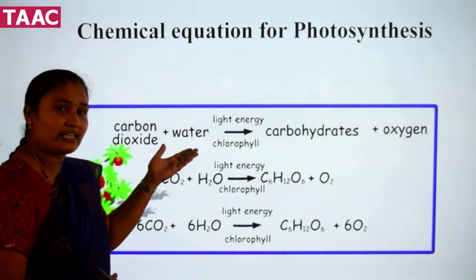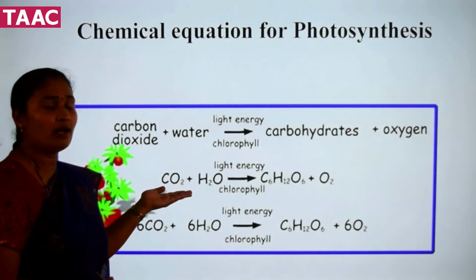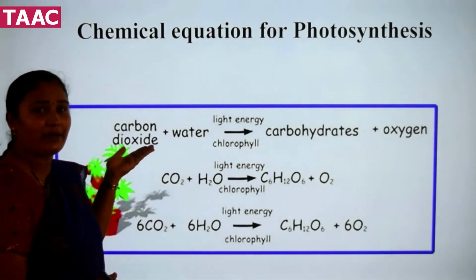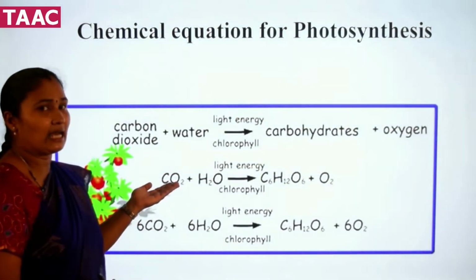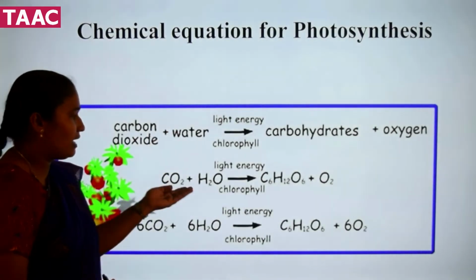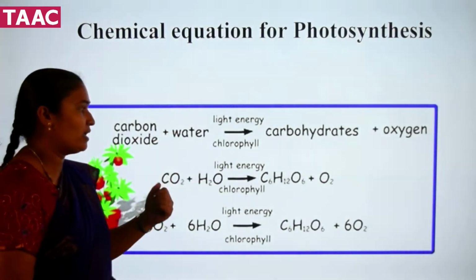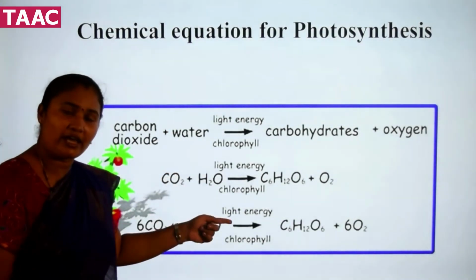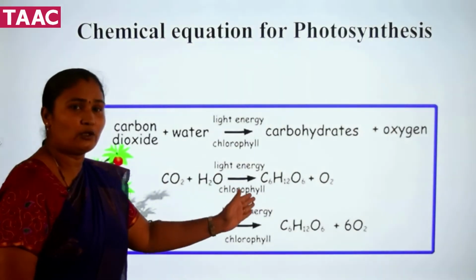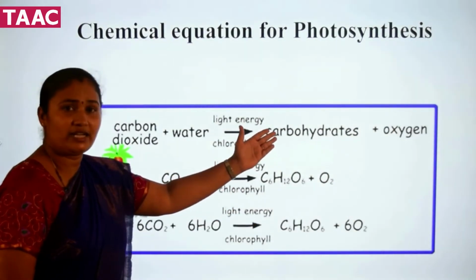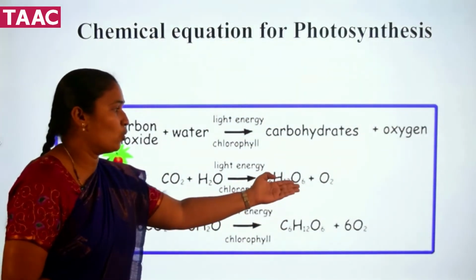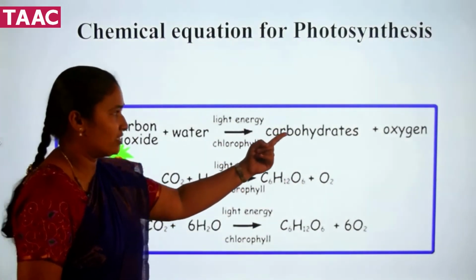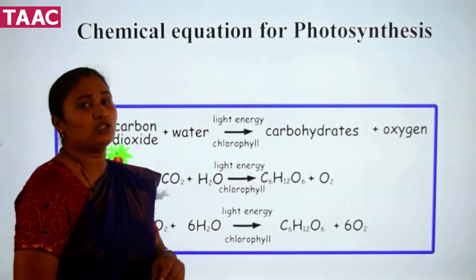It can be expressed as a chemical formula. In short, carbon dioxide is represented as CO2, and water as H2O. In the presence of light energy and chlorophyll, it produces carbohydrates, with the formula C6H12O6, plus oxygen, O2.